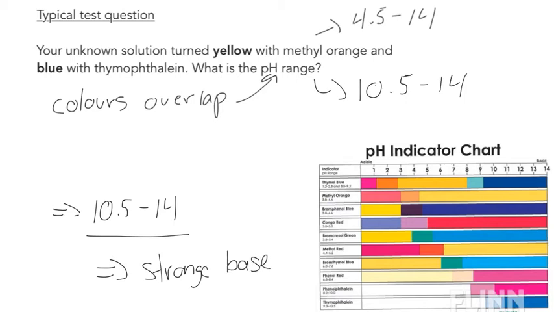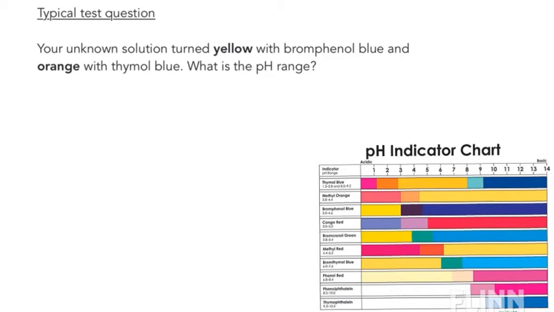So now we're going to look at another example, but it's going to be the exact same process. So in this question, we have your unknown solution turn yellow with bromothymol blue and orange with thymol blue. What is the pH range? So again, we're going to be looking at our first one, which is bromothymol blue.